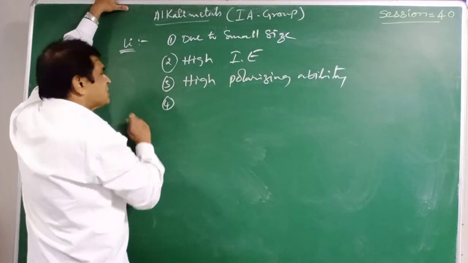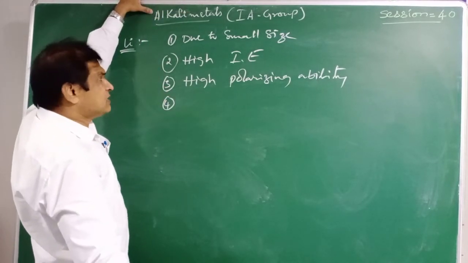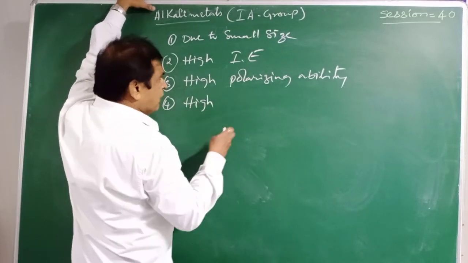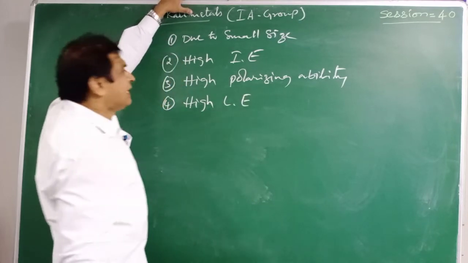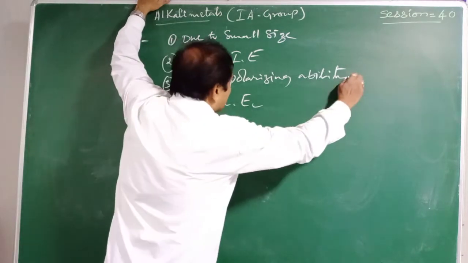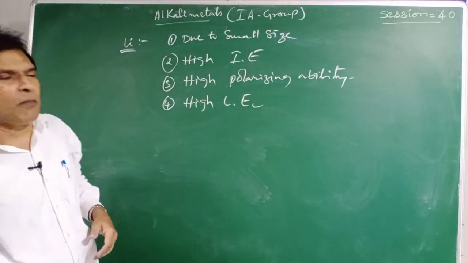And the fourth point, it also shows high lattice energy. Because of high lattice energy and high polarizing power, lithium predominantly can form covalent compounds.